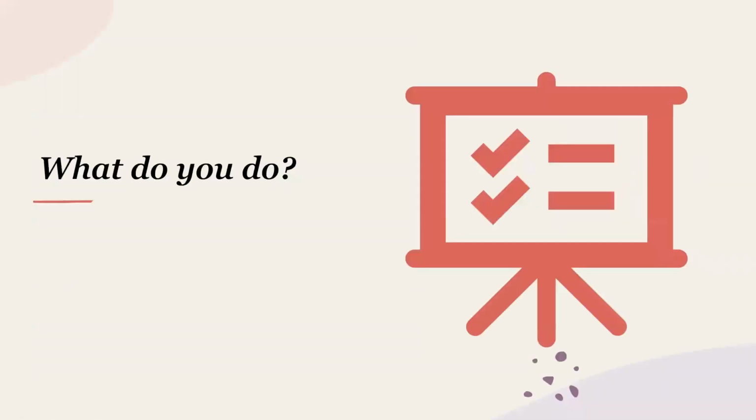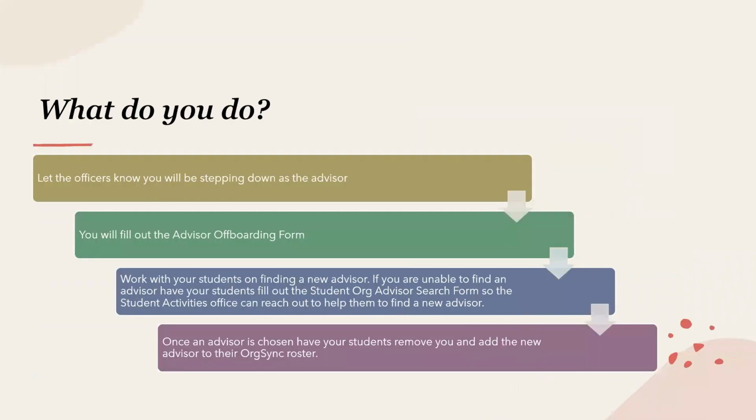So what do you do now that you're stepping away as the advisor? What are the steps that you can take? The first step is to let the officers know that you're stepping down as their advisor. Next, you will fill out a new form we created for our office to let us know that you're stepping down as advisor, called the advisor offboarding form. Next, you will work with your students to find a new advisor.